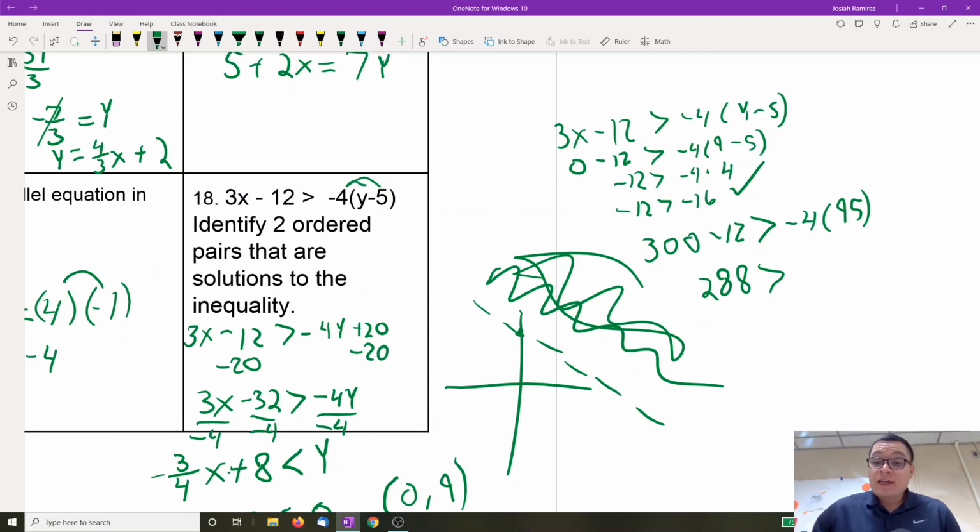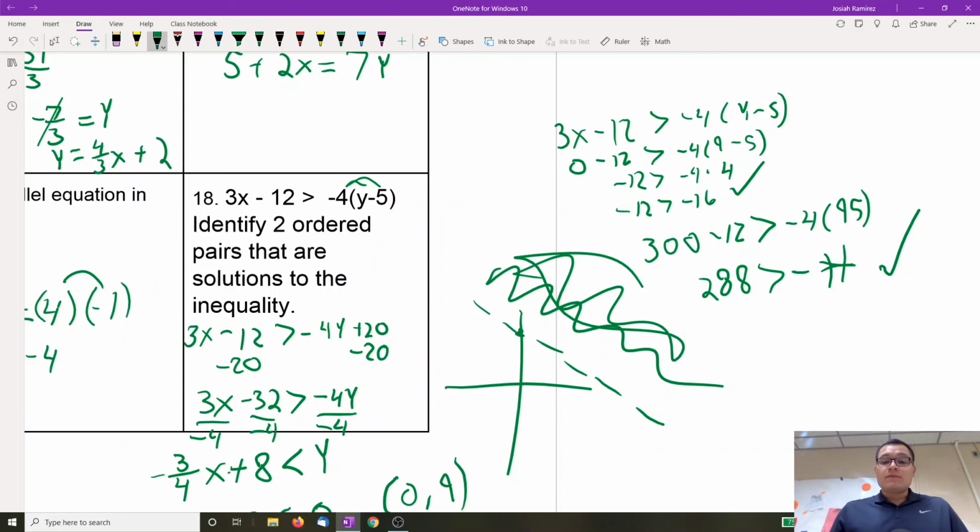I don't need to find that answer because there's one negative sign and the other one's positive. So this is going to be something that's negative, and 288 is going to be greater than any negative number because the negative number is very low. It's below 0. 288 is greater than a negative number.